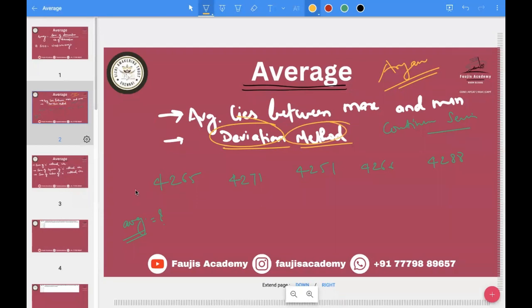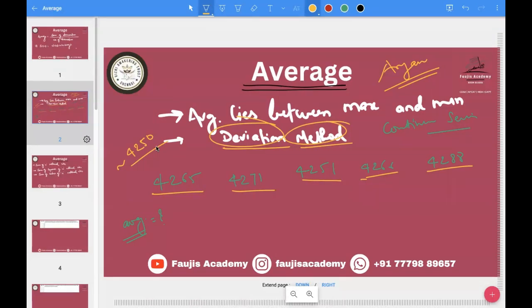If you look closely at this data, you have a sense of it. Can we say that the average of all these could be somewhere around 4250?